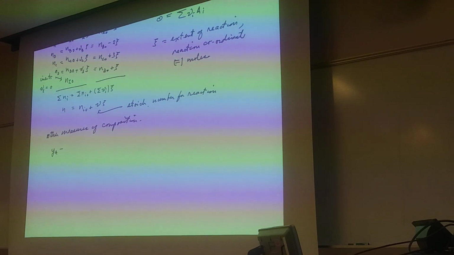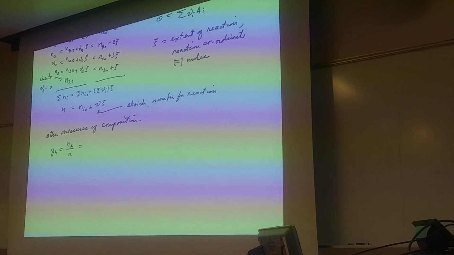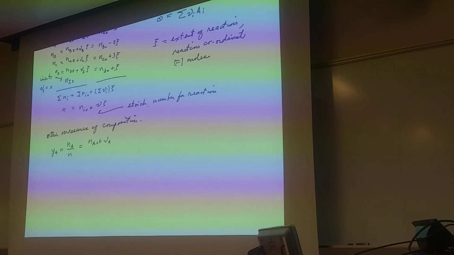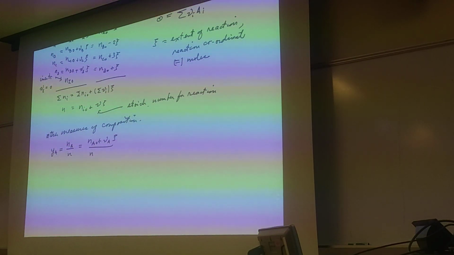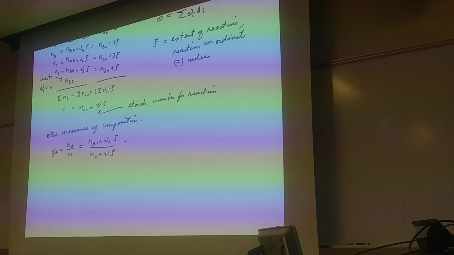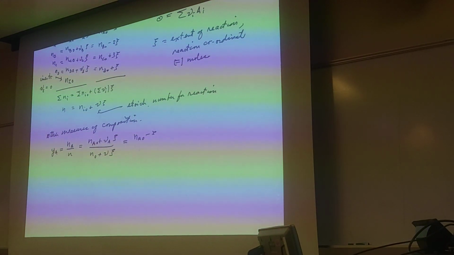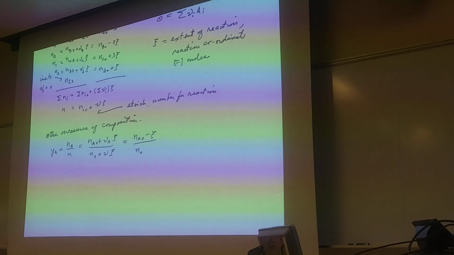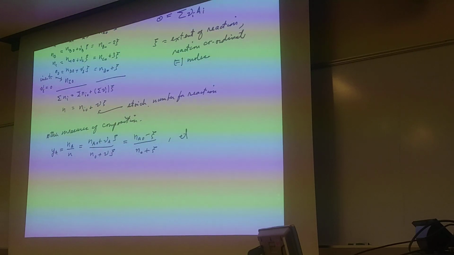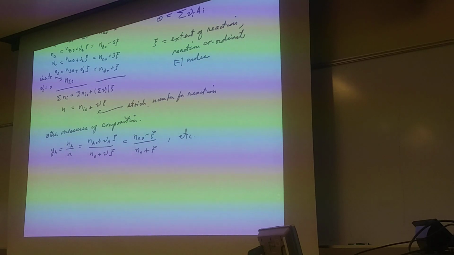So for example, Ya in this system at a given xi, I can write that as Na over N, and that's equal to, let's just write it all out, Na0 plus nu A xi over N0 plus nu times xi. In our particular example, it looks like this. And I'll just say and so forth. You can construct now the mole fractions for any of the components.